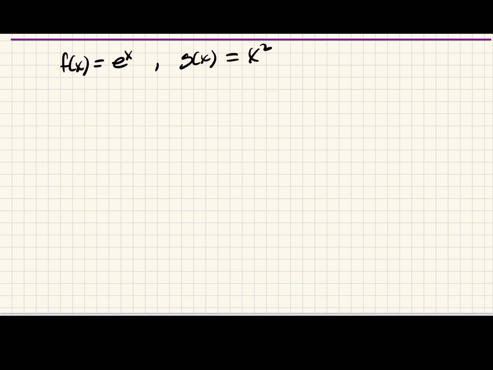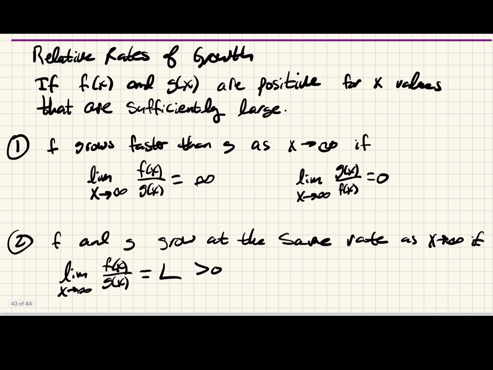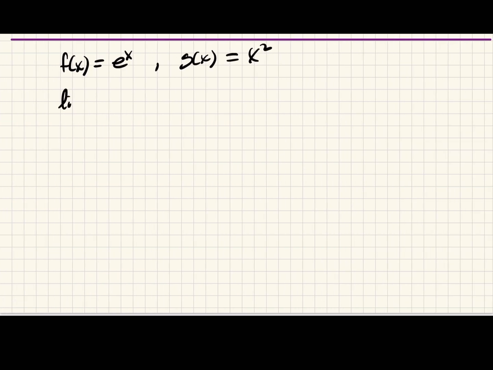Okay, so we've got an exponential function and a polynomial. So what happens here? So what we're going to do is, let's go back over here. It looks to me like I need to look at the limit as x goes to infinity of the quotient of those functions, okay? So the limit as x goes to infinity of f of x over g of x. Okay, so that's going to be the limit as x goes to infinity of e to the x over x squared.